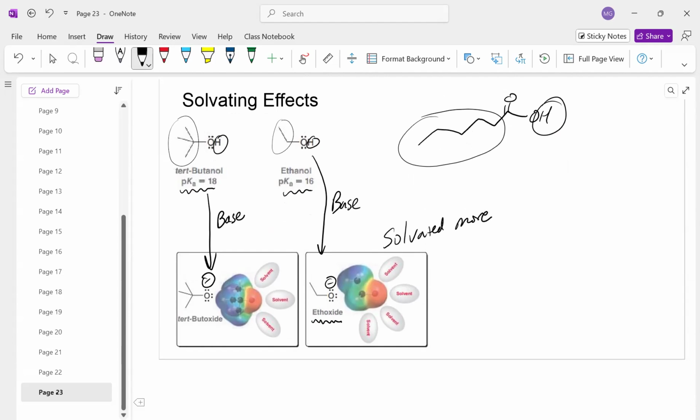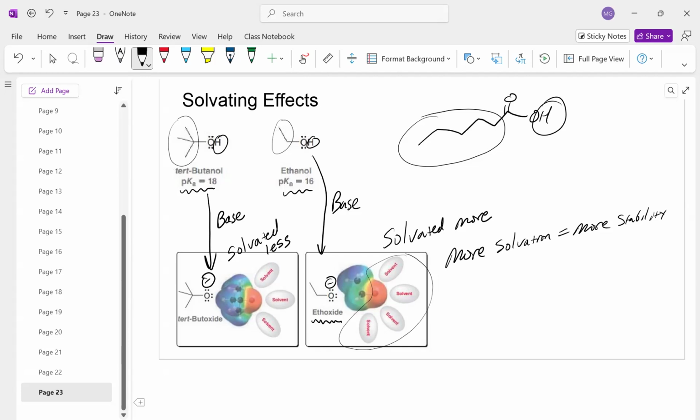That's just a fancy way of saying there are more solvent molecules that can surround ethoxide than tert-butoxide. So tert-butoxide is solvated less. More solvation means more stability. If that ion's more stable, then the acid it comes from is going to be more acidic.